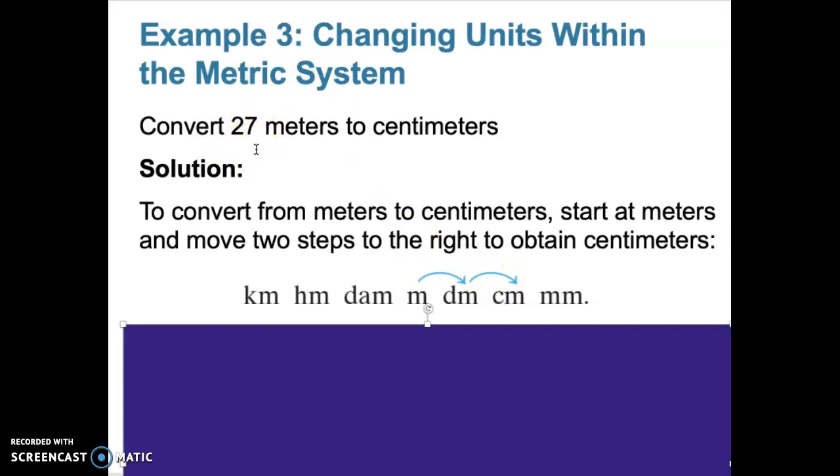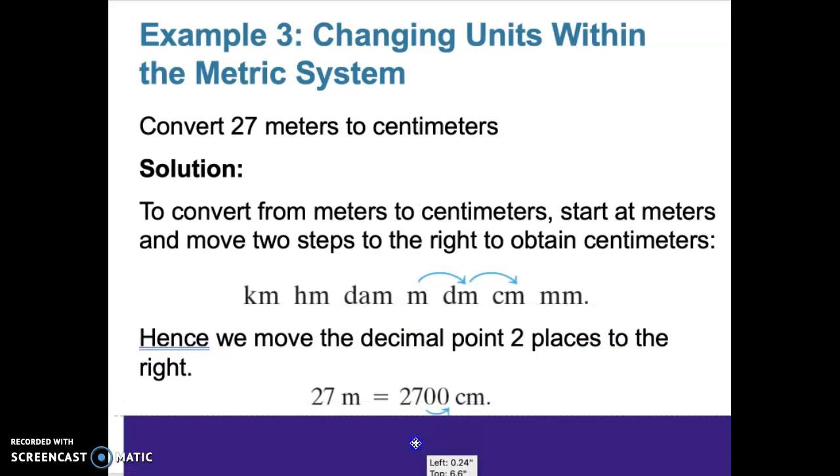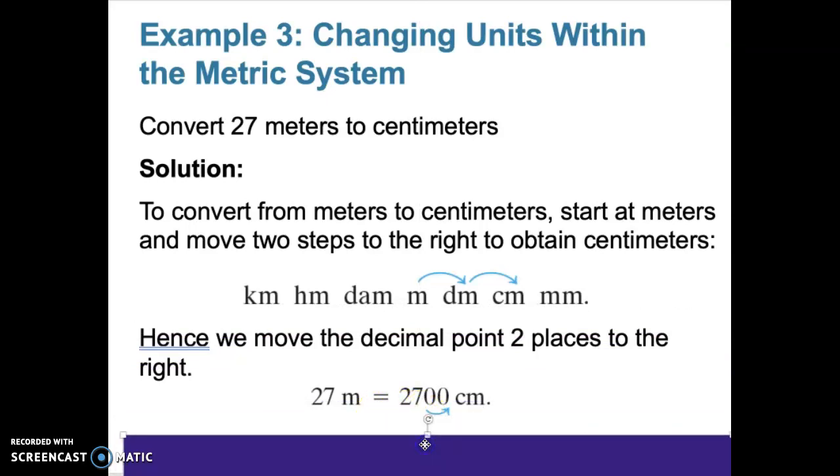It's understood to be after the 7, isn't it? If there's no decimal point, it's actually understood to be there at the end. So this is 27 decimal. If I'm moving it 2 decimal places to the right, I have to add 2 zeros, don't I? So 27 meters is equal to 2,700 centimeters.